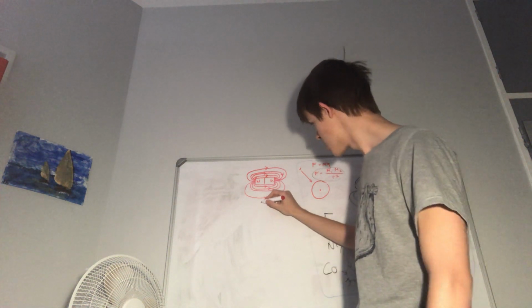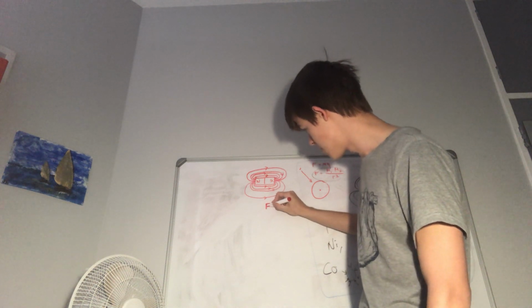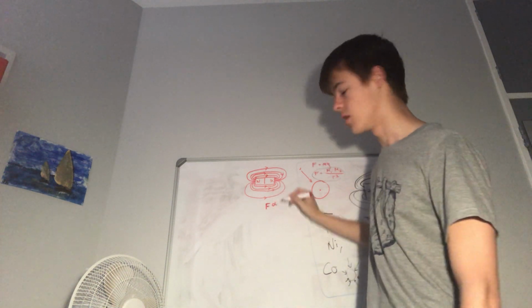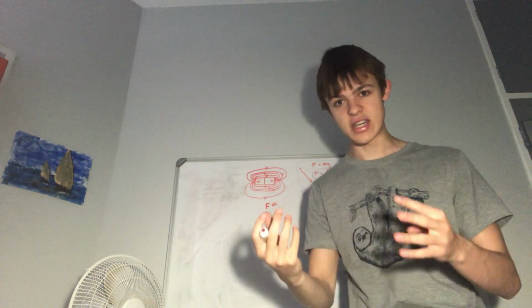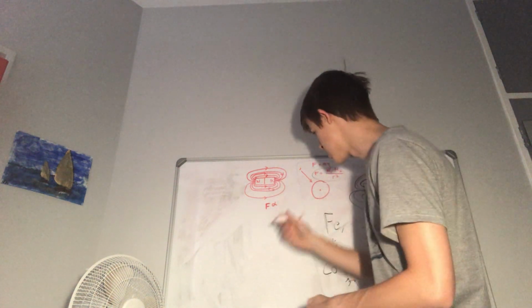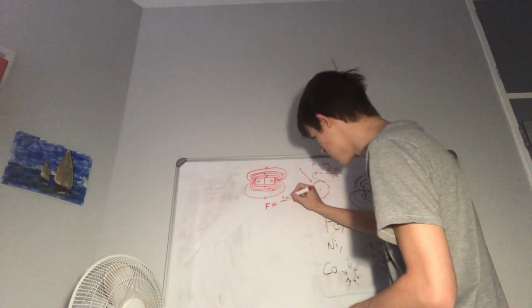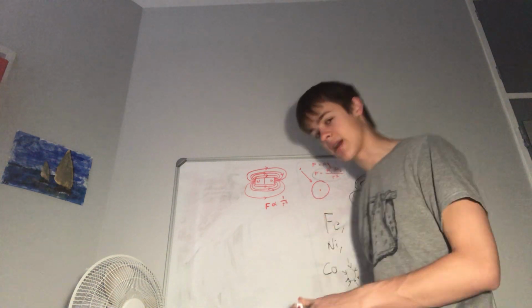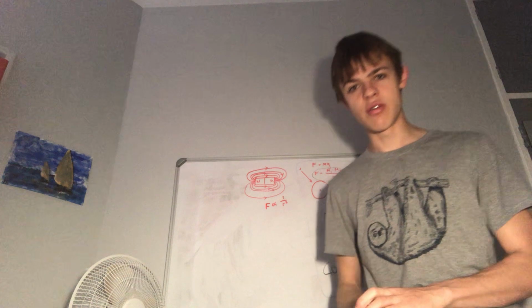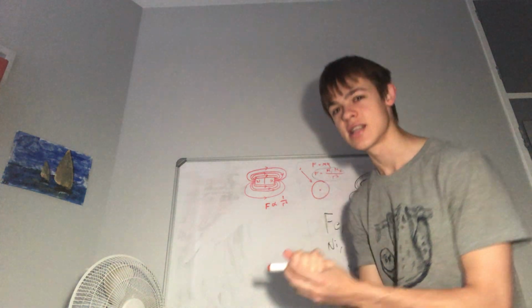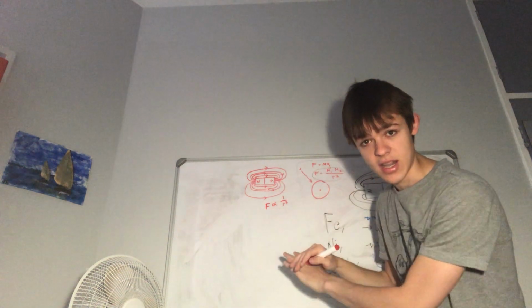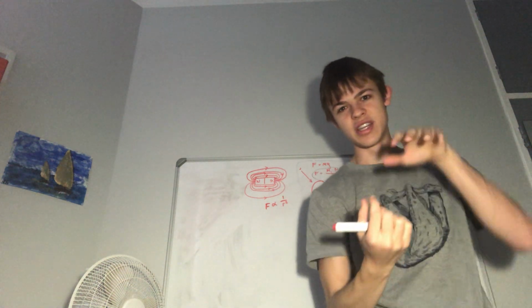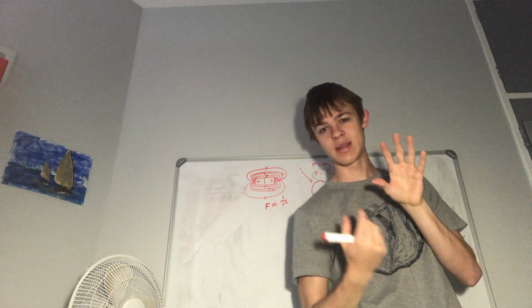The reason is that the force from the magnetic field is directly proportional. You remember this alpha symbol means directly proportional to 1 over the distance from the magnet squared. So the further I am away, the r is beneath the line, the smaller 1 over r squared becomes.